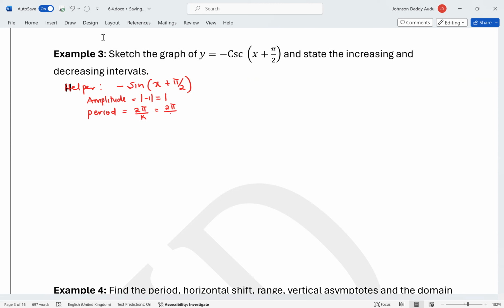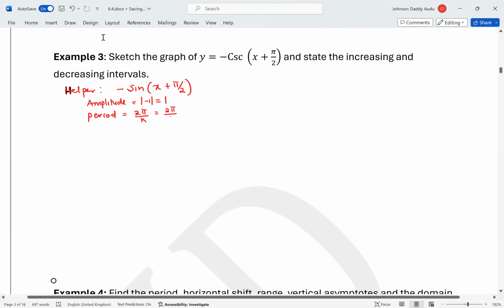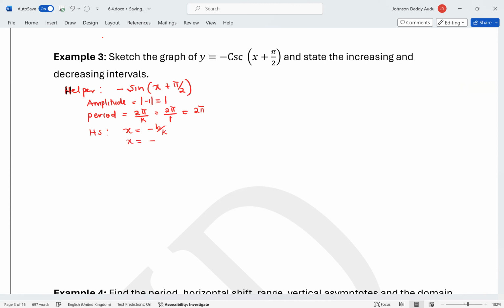So this is still 2 pi over 1. And also you have a horizontal shift, which is x equals minus b over k. And that will be x equals minus b is what? B is pi over 2. So pi over 2.